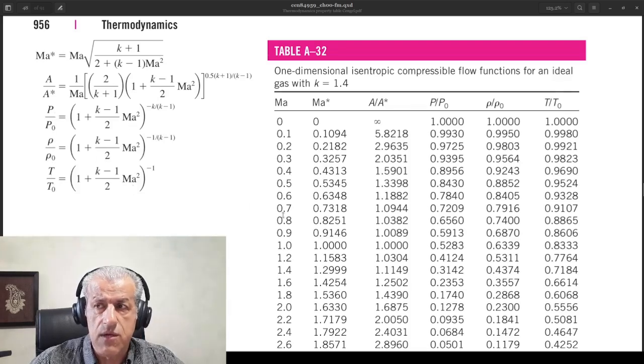You just need to give them the value of Mach number, and they would return these values, and the more important value is A over A star.